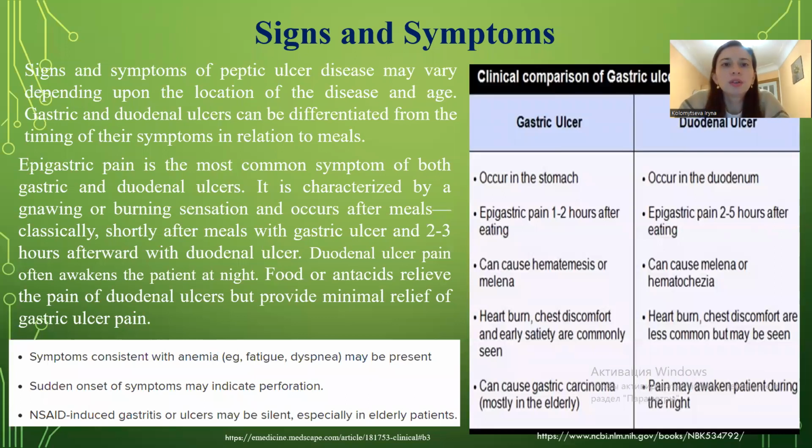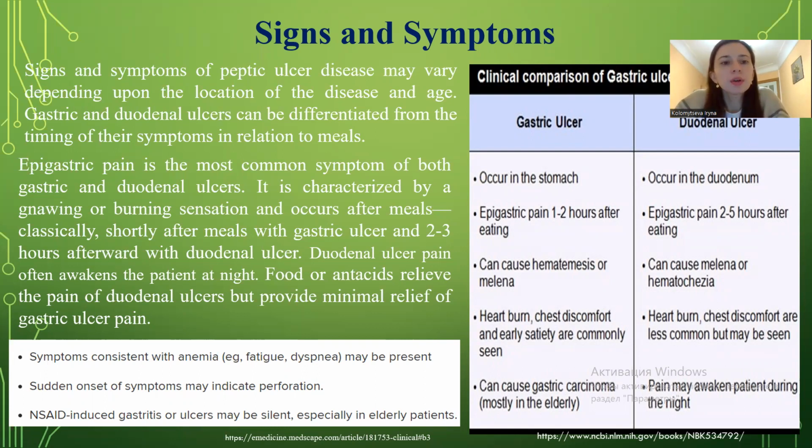And signs and symptoms. Signs and symptoms of peptic ulcer disease may vary depending upon the location of the disease and age. Gastric and duodenal ulcers can be differentiated from the timing of their symptoms in relation to meals. Epigastric pain is the most common symptom of both gastric and duodenal ulcer.